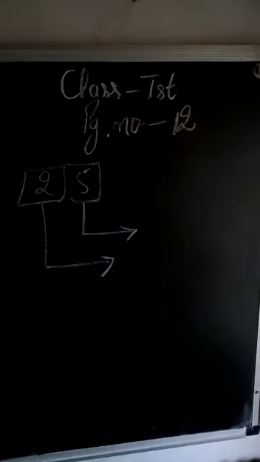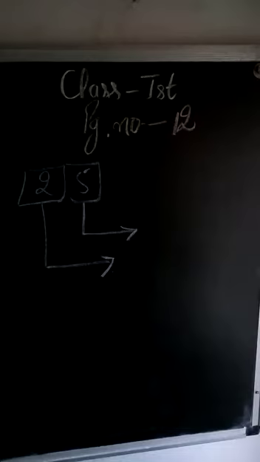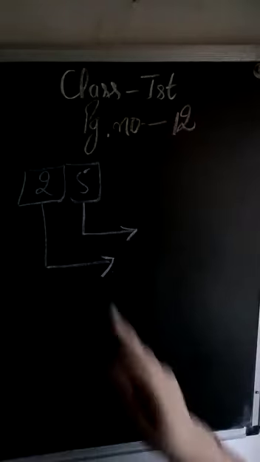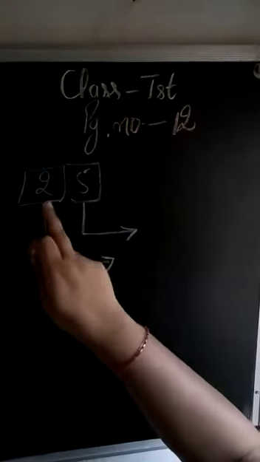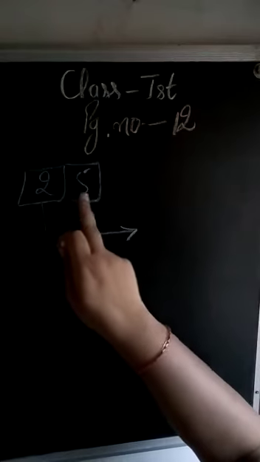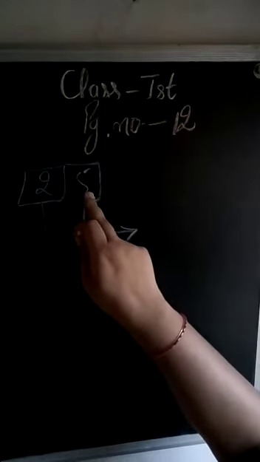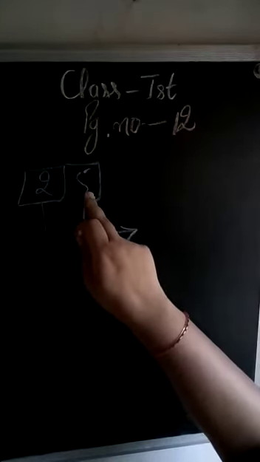Earlier we have learned that the ones place digit's place value will never change. Means if the number is 2 at ones place, its place value will be 2. But when the number is at tens place, its value will change. Here we have the number 25. 5 has the same place value, we pronounce it as 5.